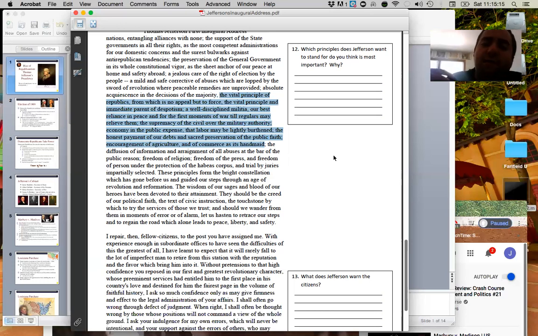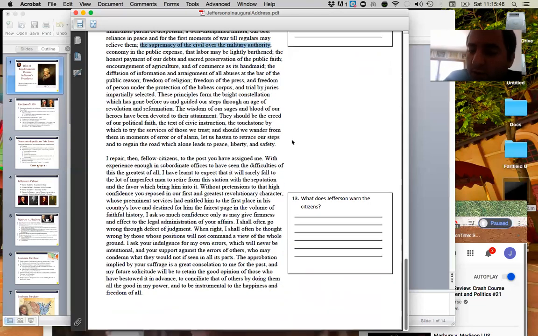We need to be ready. At the same time, he does mention the supremacy of civil over the military authority. He doesn't want to have military authority first and at all times have this fear of military authority, but he wants supremacy of the civil over the military authority. So the civilized society, civilized individuals in the United States.